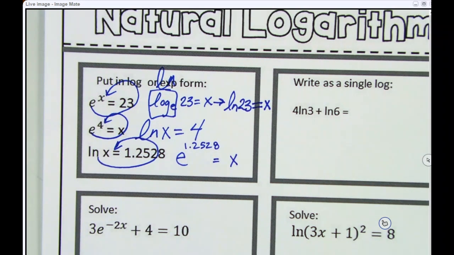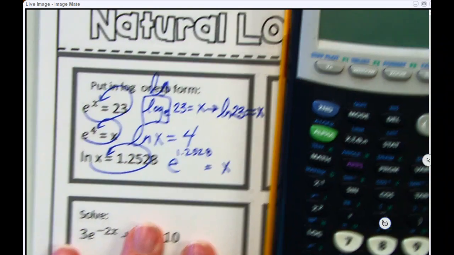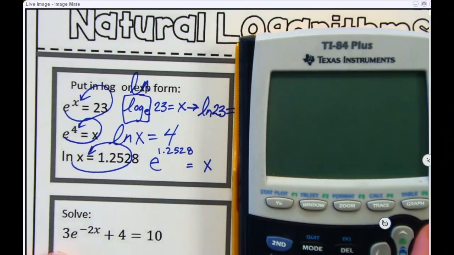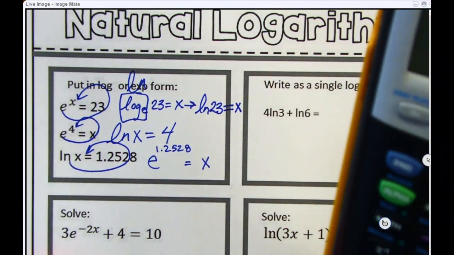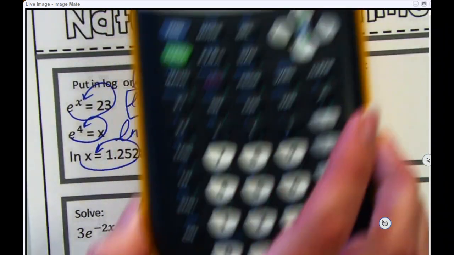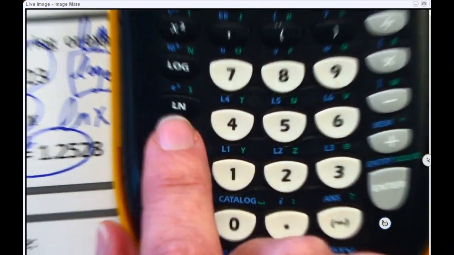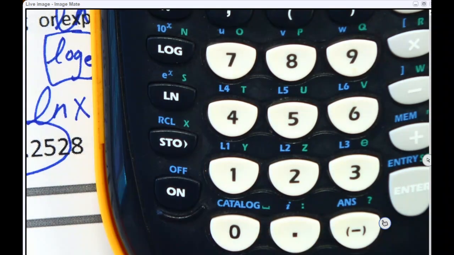Let's take a minute while we're right here and find the e button on our calculators, because we will be doing some evaluating as we start to go through this. If you look, I'm going to have to put on my glasses. Here, we'll zoom in. Here is the ln button. Here is the e to the x button.